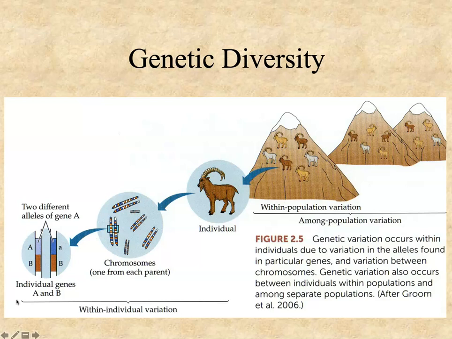So we have it at the individual gene level, within chromosomes, and at the individual level of the organism. And then all the organisms that form a breeding group are a population, and so we can have genetic variation at the population level. Typically, the larger your population size, the greater the degree of genetic variation you have in your population.